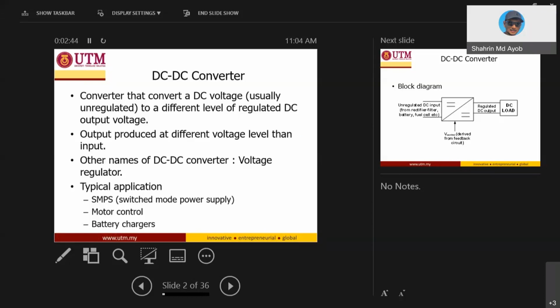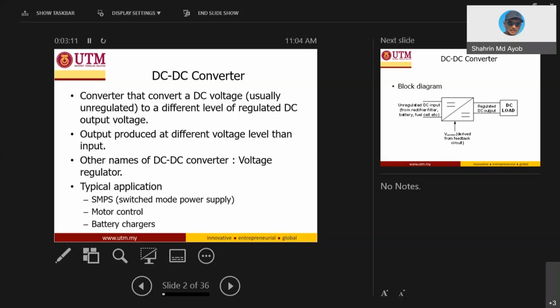It's a Zener diode? No, it's actually a chip, an integrated chip. But that one is totally different from the voltage regulator based on power electronics. It's very different. I will tell you what the difference is after this.